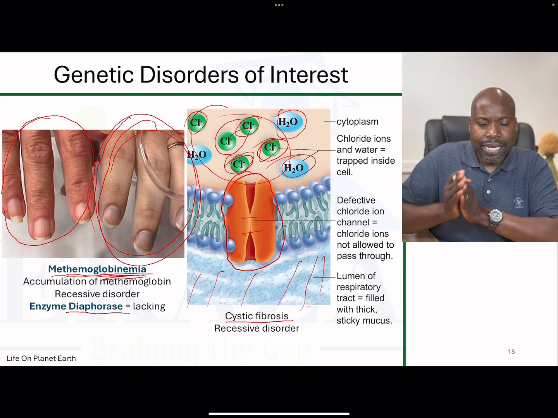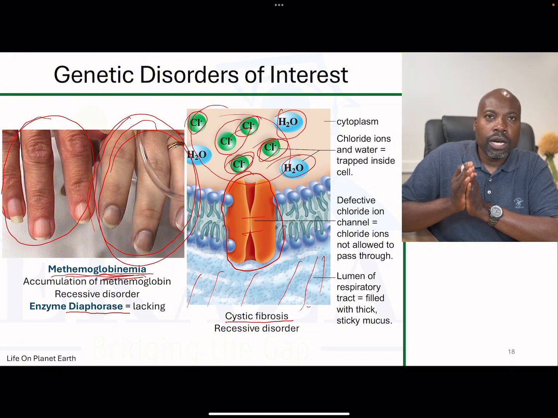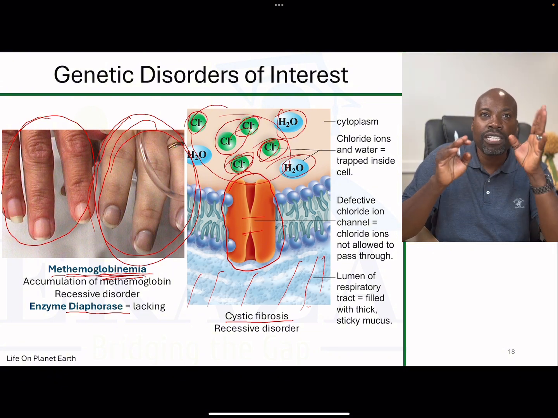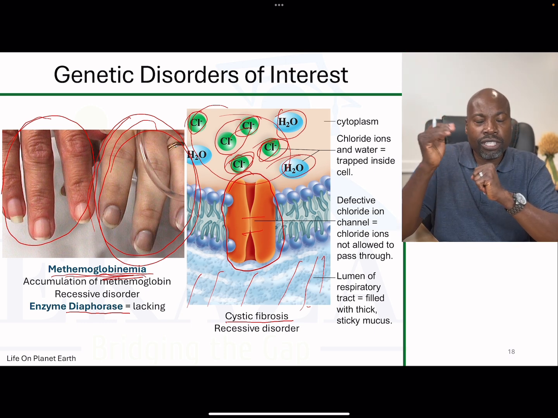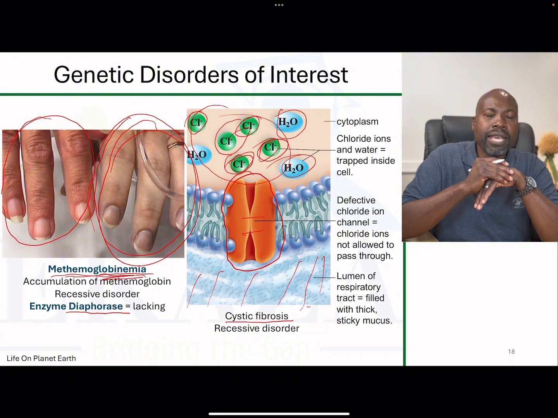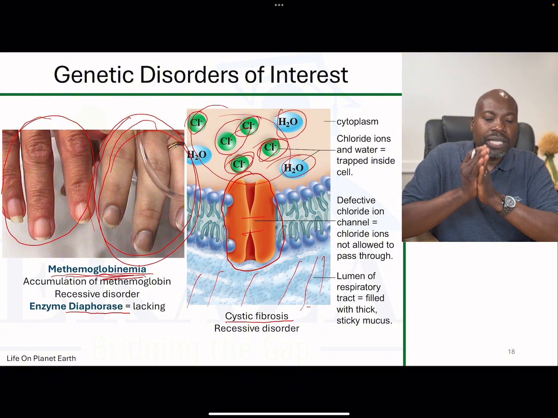So that is basically the situation in a cystic fibrosis individual, which is a recessive disorder, which means that you need to receive a defective gene from mom and a defective gene from dad. This is also the case for methemoglobinemia.